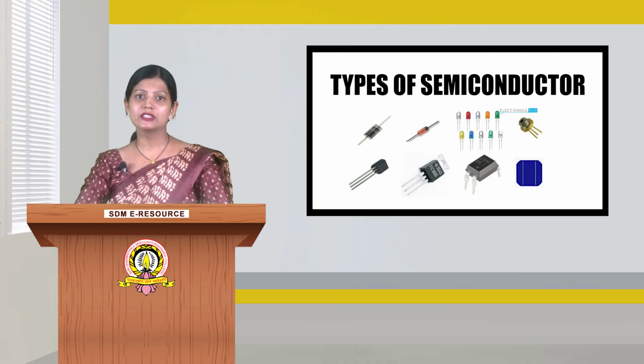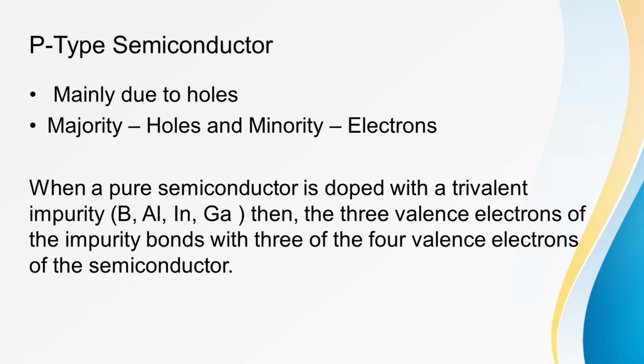Let us move forward to P-type semiconductors. In a P-type semiconductor, the majority charge carriers are holes and minority charge carriers are electrons. When a pure semiconductor such as germanium or silicon is doped with a trivalent impurity, then 3 valence electrons of the impurity bond with 3 of the 4 valence electrons of the semiconductor.